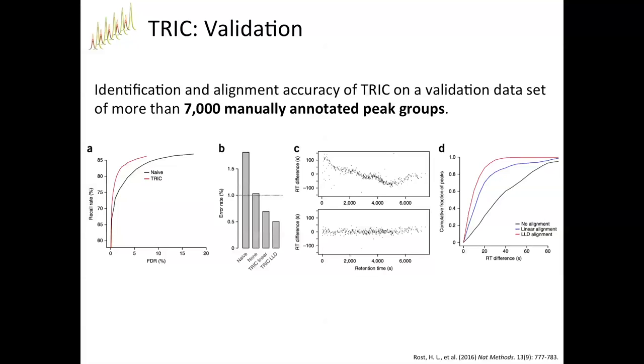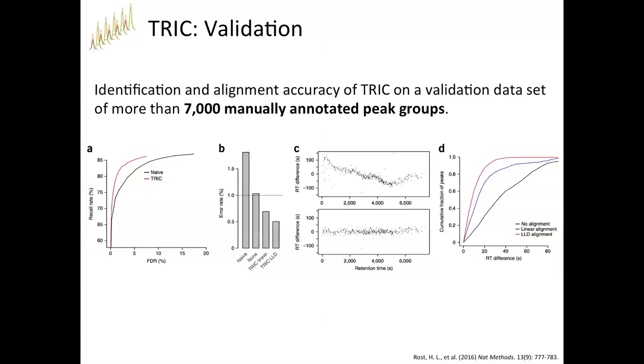Here, this is also just the cumulative number of peaks that could be assessed at the specific retention time difference range. So after the linear retention time alignment is already improving the peak detection, and the non-linear retention time alignment is further improving.